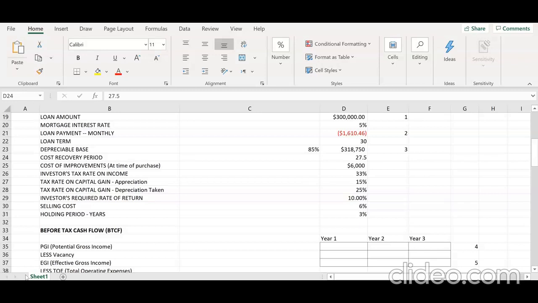To get the effective gross income, I subtracted the vacancy from the potential gross income. The operating expenses, which include fixed, variable, and reserves, for the first year are as provided in the assumptions.